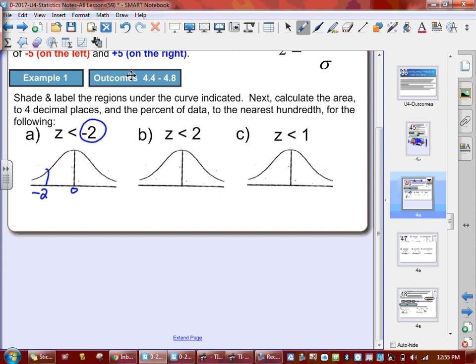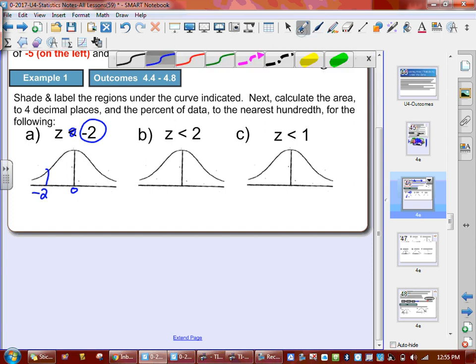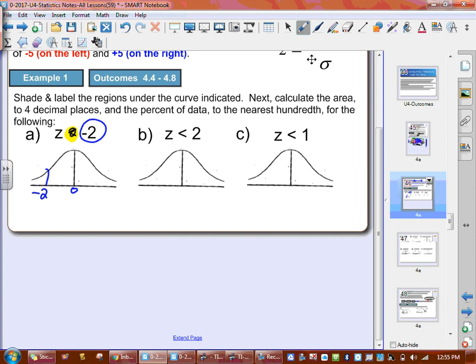Look at the way the inequality sign is pointing. It's pointing to the left, so I'm shading to the left. That's a very tiny region that's shaded, so I won't find very much information over there.